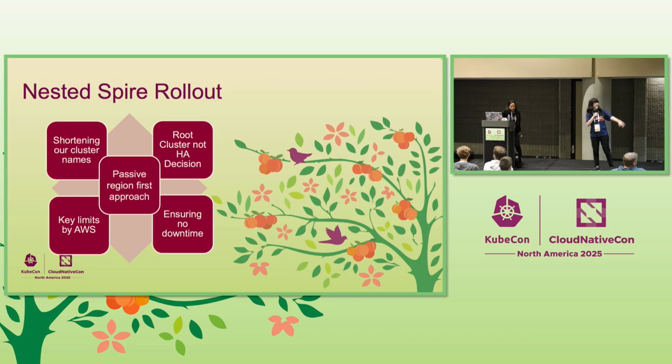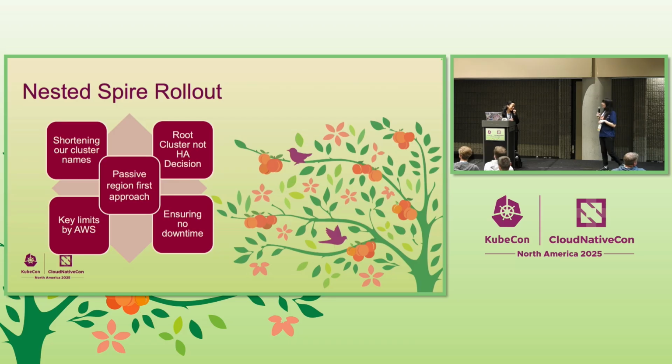So we decided with that middle tile there, why not do the passive region first? So we can first off in test learn, okay, with these really big clusters, do we have enough juice behind the RDS database? Is there any cluster specific configurations we have to watch out for that may cause SPIRE issues? And then is there any issues with our SPIRE implementation? And then the rest of the squares will be what we found out during that.